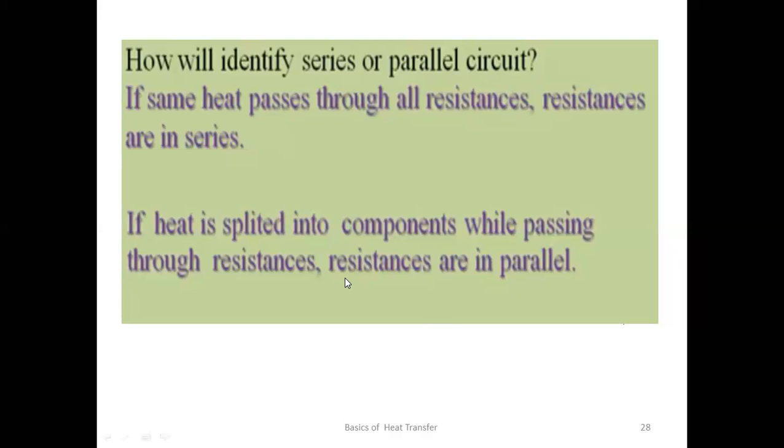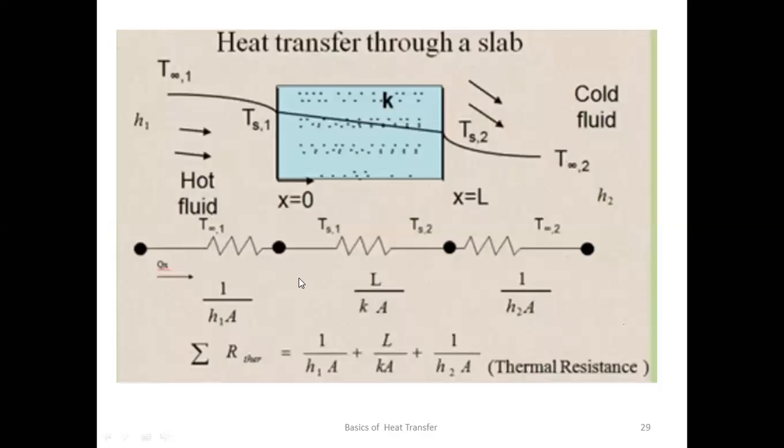See here, heat transfer through a slab. Now see, this is a wall, from here to here. Inside that wall the hot fluid is there, and outside that wall cold fluid is there. Cold fluid is nothing but air, you can say, and here water you can take. Water, air, hot fluid and cold fluid.